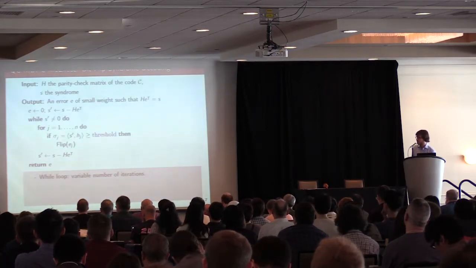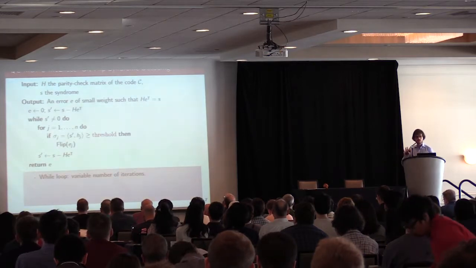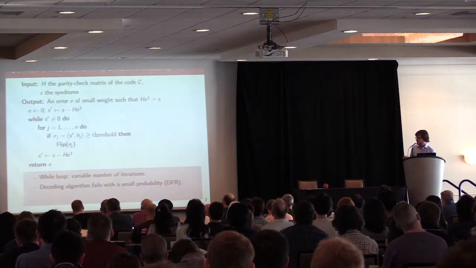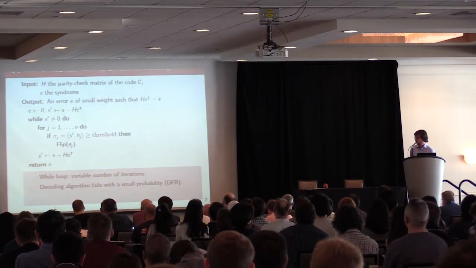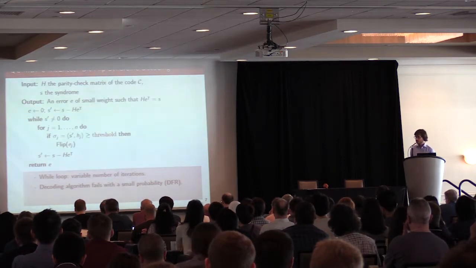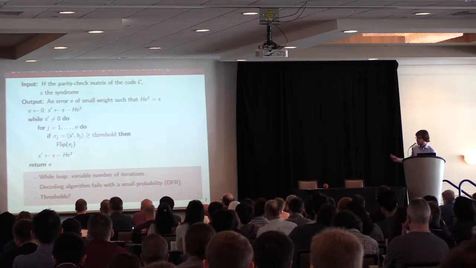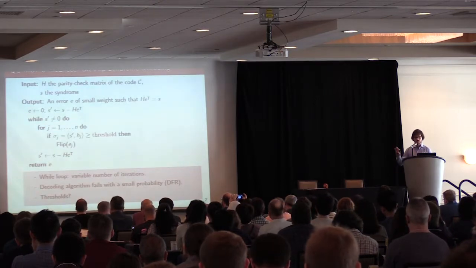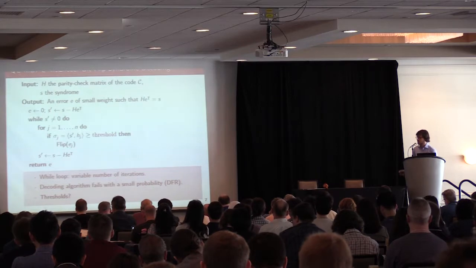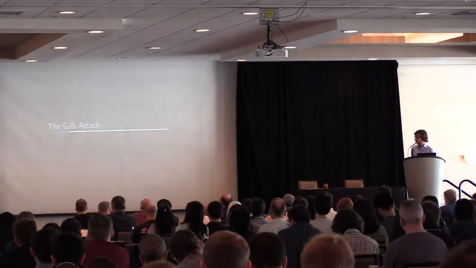There is a while loop, so the number of iterations may vary from one instance to another. Second, this algorithm fails with a small probability that I will refer to as the DFR, decoding failure rate. And also, as Marco talked about, there are some choices of thresholds to be made, and this has influence on the algorithm.